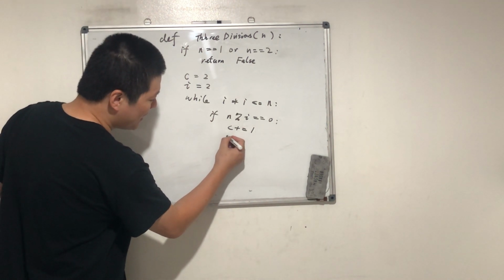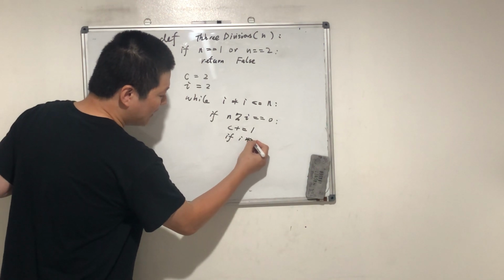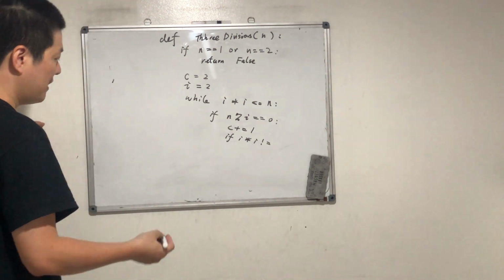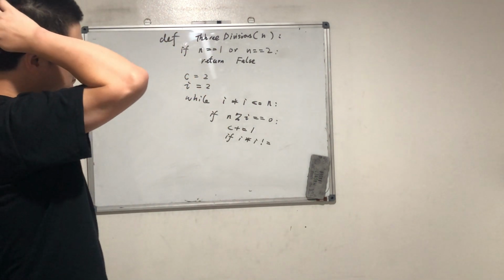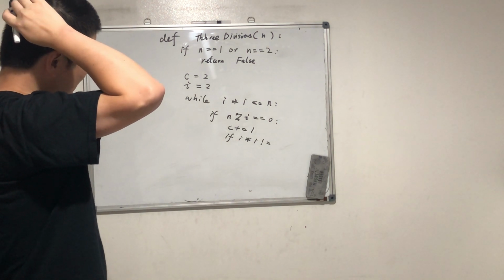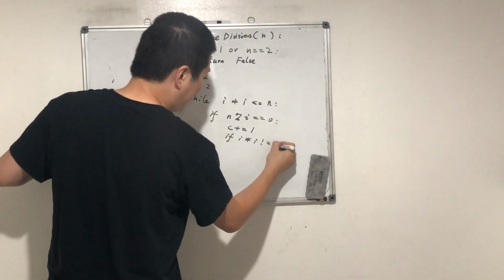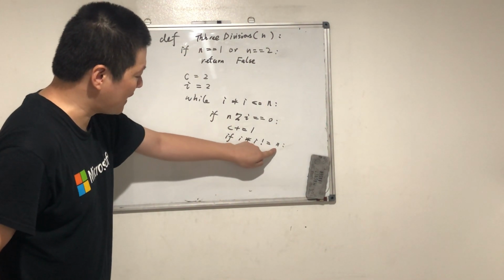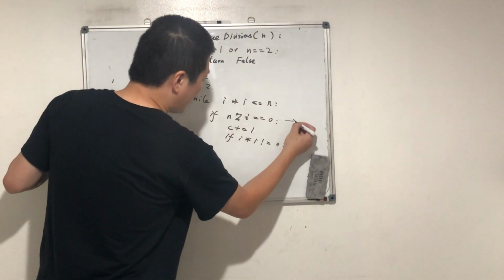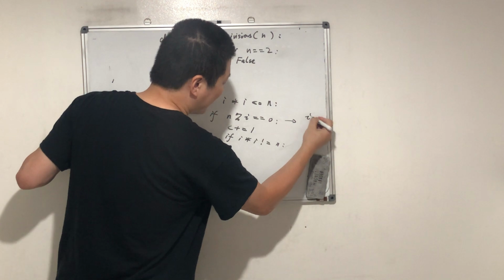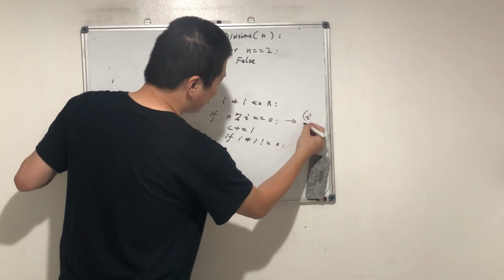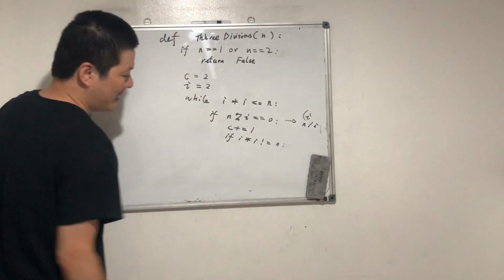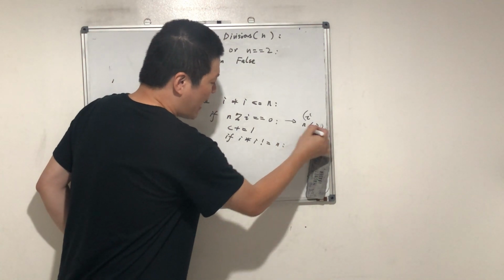But also, if i times i does not equal n, what does it mean? We have i as a divisor, so the other half is n divided by i.